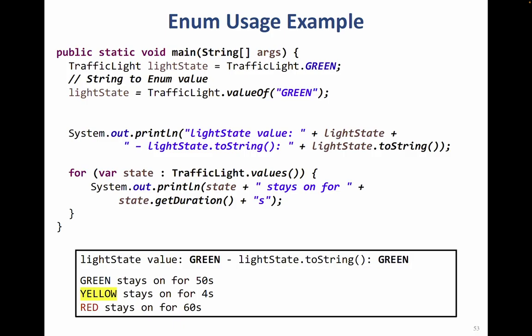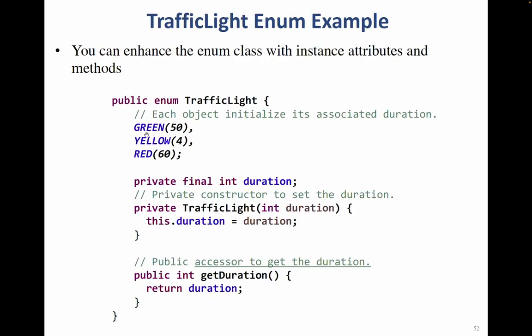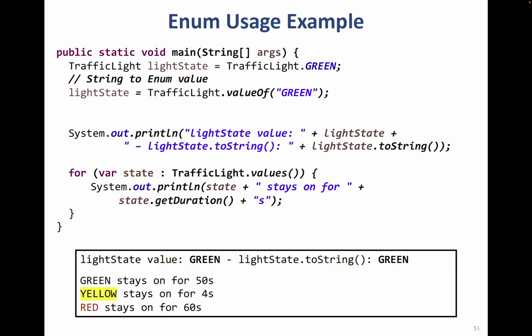So for the duration, I'm using this get duration. What's the dot values? That gives me green, yellow, red, whatever values I have. So if I had an enum for gender, it would give me male and female. If I had an enum for direction, it would give me north, south, east, west.